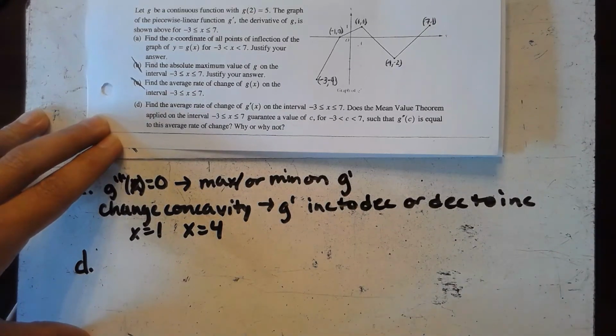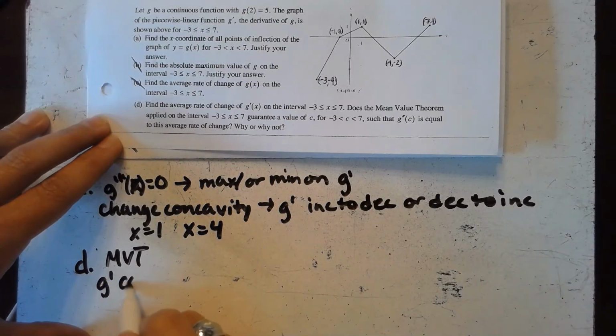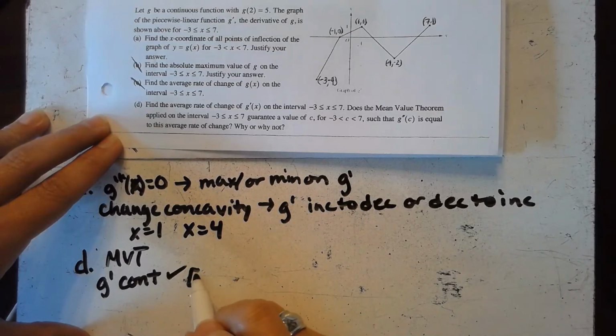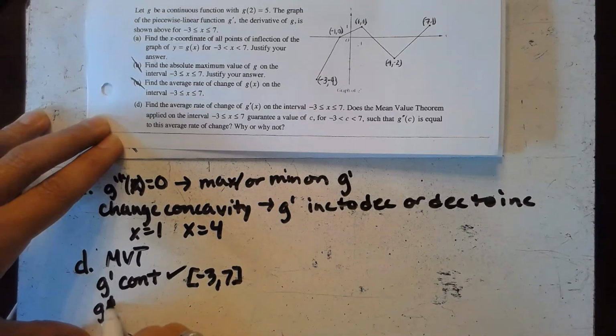For MVT, what are the two things that you have to decide? Is G prime continuous? Yes, from the graph, it is continuous on the interval from -3 to 7. But the problem is, is G prime differentiable? Well, we don't really know this all the way.